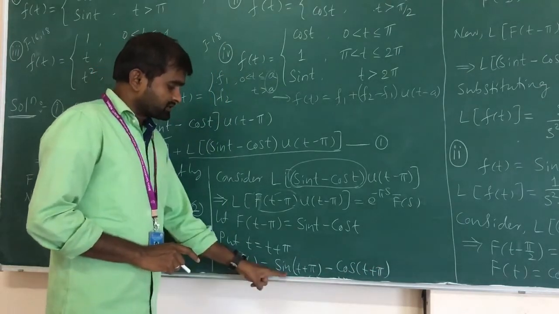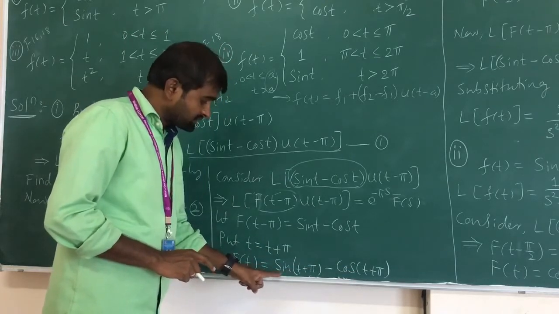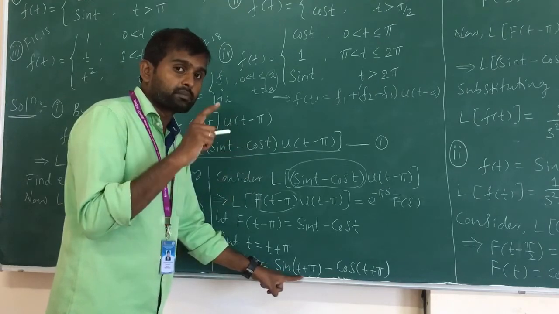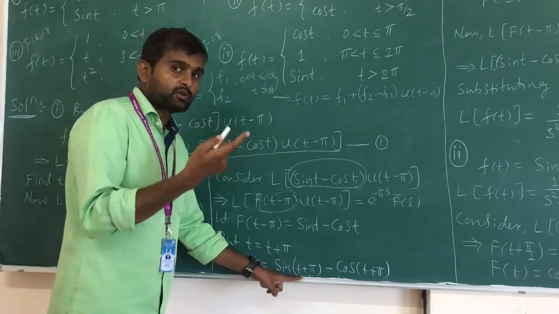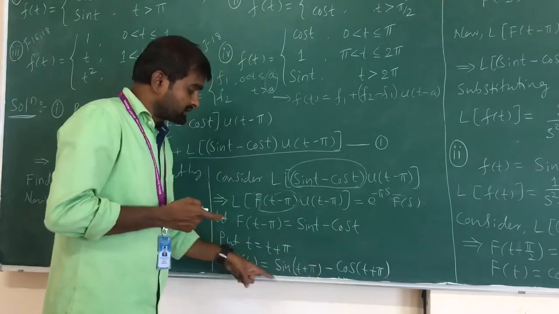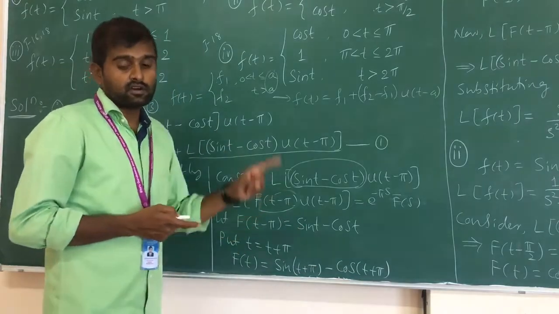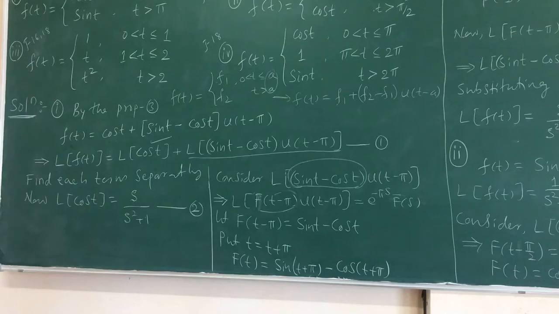Then we know the value of this from the allied angles: sin of t plus pi, or sin of theta plus pi, or theta plus 180. Theta plus 180 gives minus sin theta, or minus sin t. Then what about this cos?